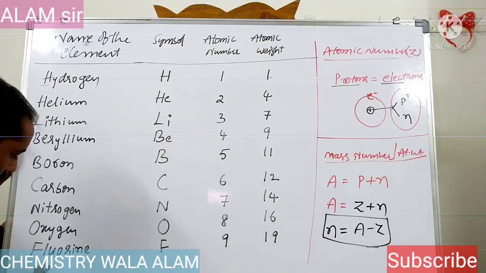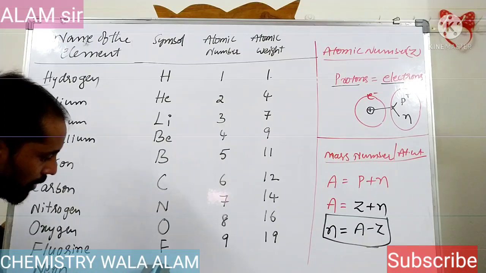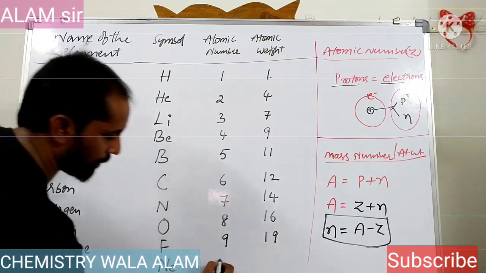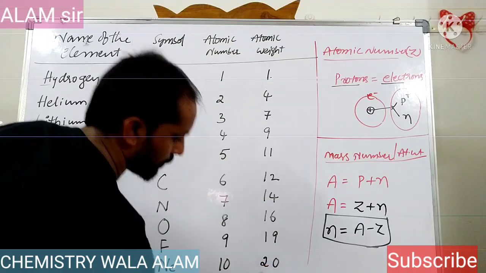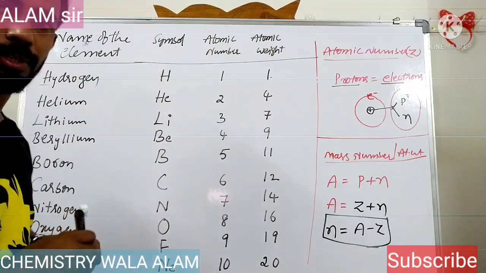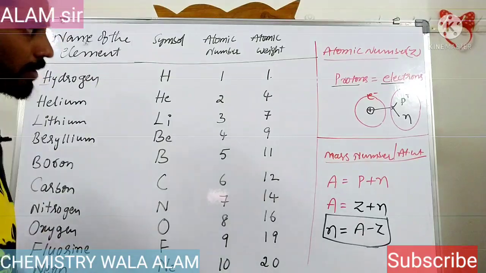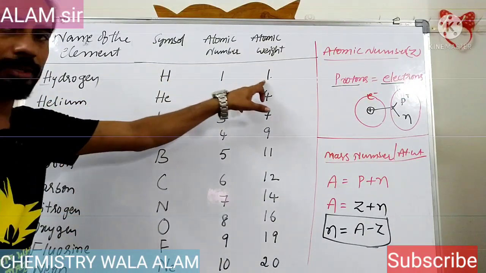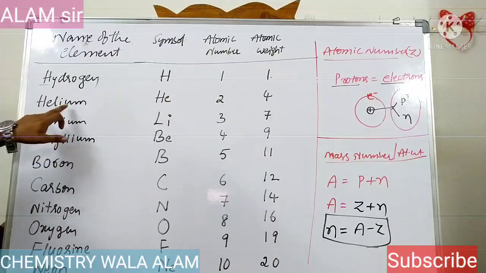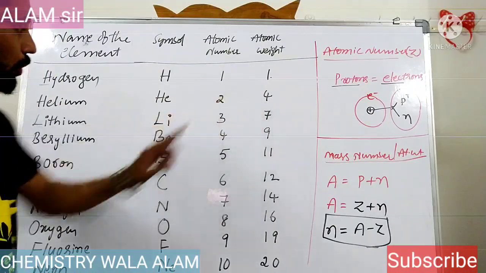Next, neon, Ne. Atomic number 10. Atomic weight 20. So let's see once again. Hydrogen, symbol H. Atomic number 1. Mass number, or atomic weight, 1. Helium, He 2 4.